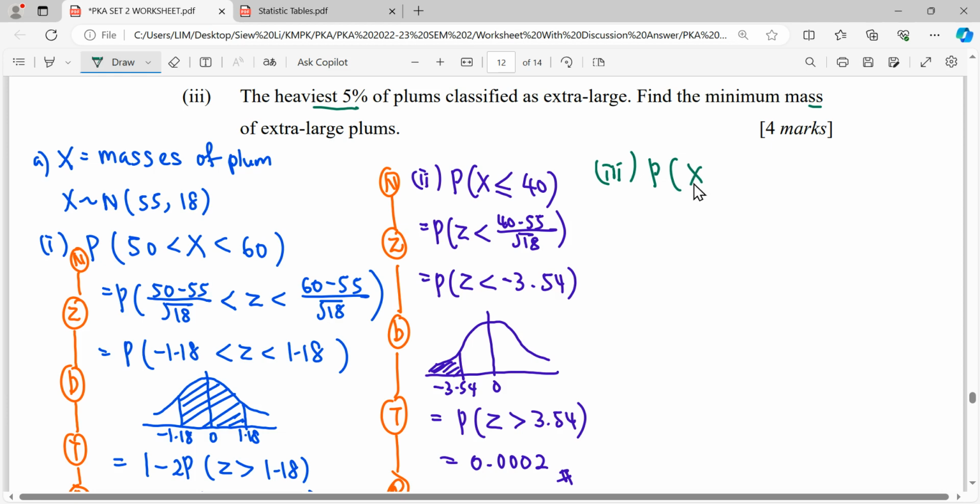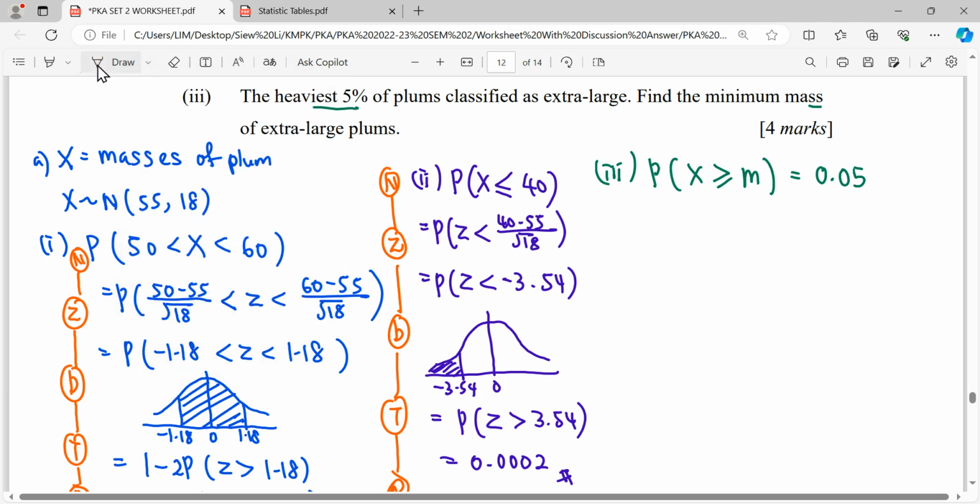So the probability for the mass bigger than or equal to a value of mass, so that it will be classified as extra large, having 5% means probability 0.05. So you have to be bigger than some amount of mass, then only we understand that that plum is extra large. So the mass has to be greater than or equal to that mass.